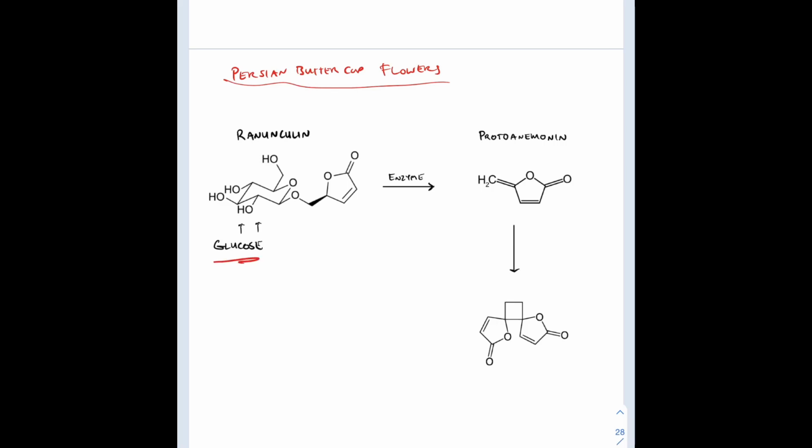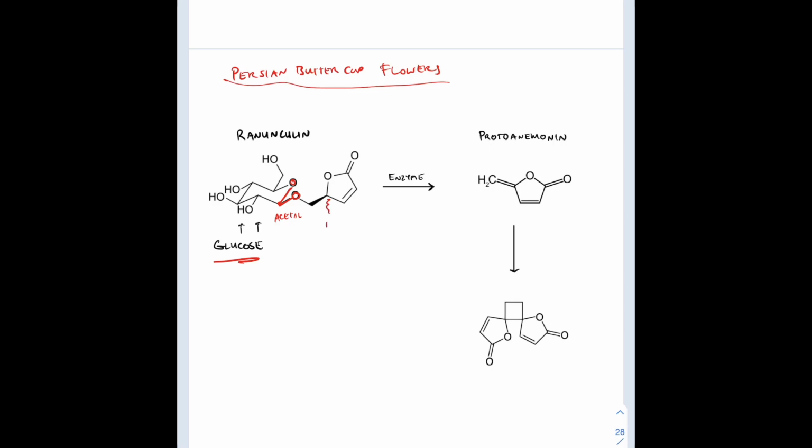Well, ranunculin is the molecule within the flower that is broken down into the toxic substance. It's pretty fun to look at this structure because it consists of a glucose molecule, pointing out an acetal, just as a reminder for you guys. And we got this cyclic ester popping off of it.